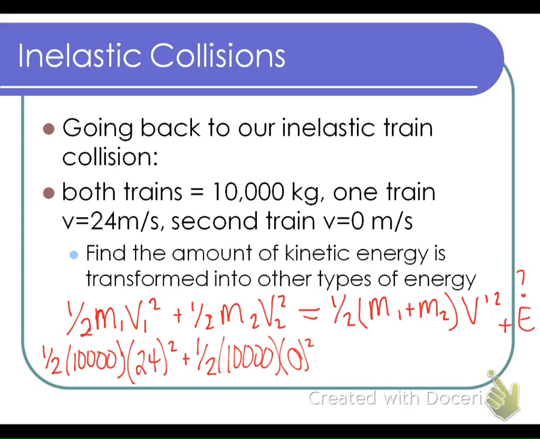Good, so we'll take that. 1/2 times both the masses, which would be 20,000. What was our final velocity? We solved for that in our initial problem. It was 12. It was half. So 12 squared. And then we're going to have some other form of energy here, which is what we're solving for. This is the amount of energy that's been transferred or transformed into a different type. So this E right here is what we're going to be solving for.